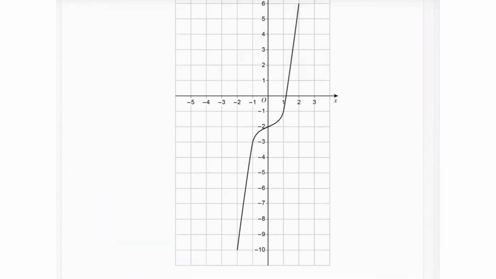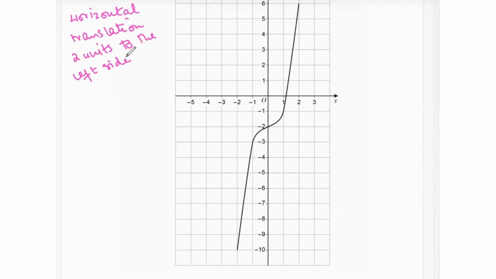So f of x plus 2 means that we're going to do a horizontal translation, and we're going to move 2 units to the left. As I said earlier, for the horizontal translation, the rule is different. If it's being subtracted, that means you move that many units to the right-hand side. And if it's being added, you move that many units to the left-hand side.